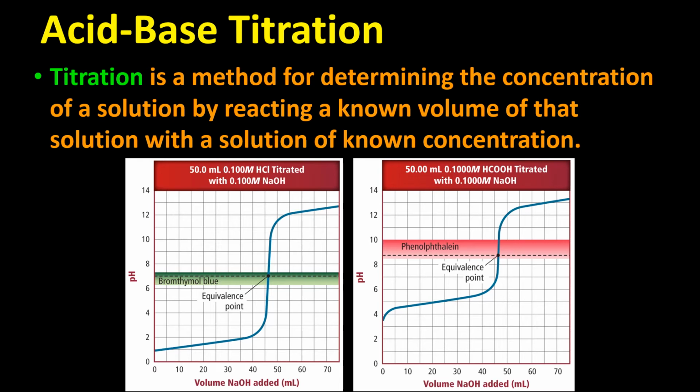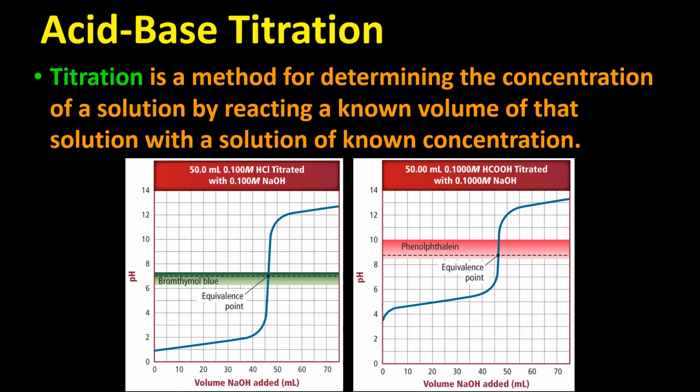So on the next plot on the right, we have the same type of thing going on. The only difference is there's a different indicator that's used. This time it's called phenolphthalein. Phenolphthalein, instead of going from clear to blue, goes from clear to a pink color.